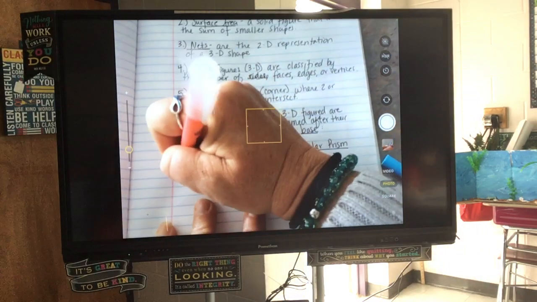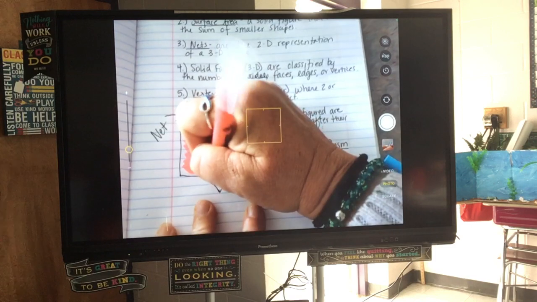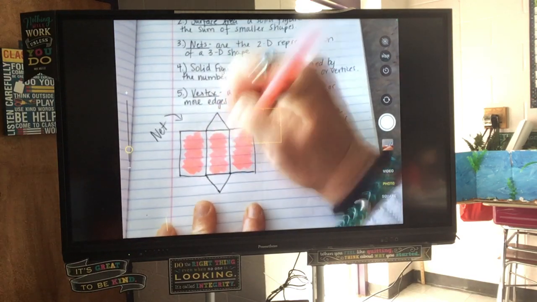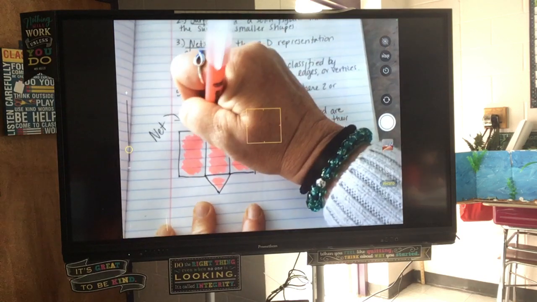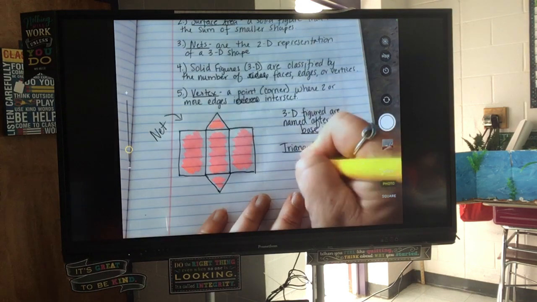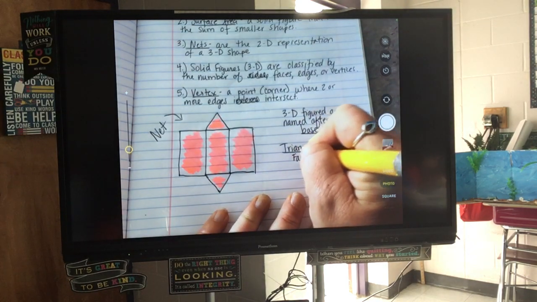All right, so the inside of this shape, what are these called that I'm coloring right here? Are they the edges, the vertices, or the faces? The ones that I just shaded in, what do we call those? Addie? All right.